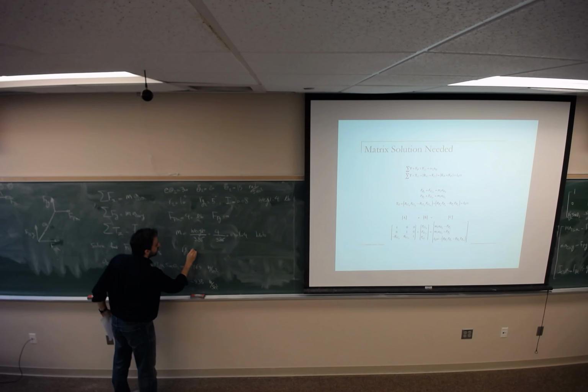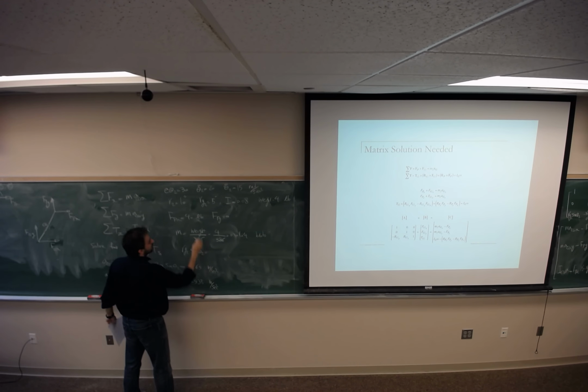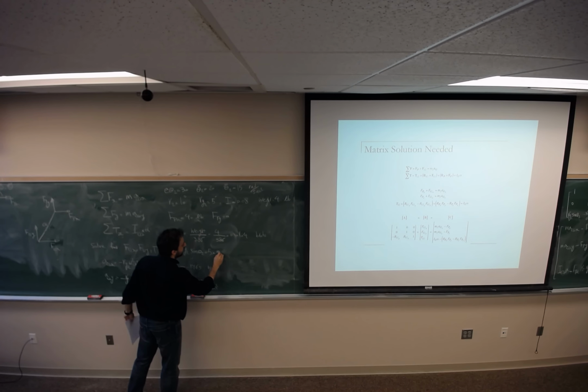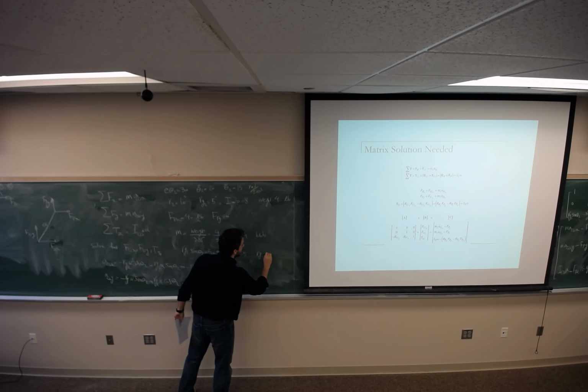RG2 sine of theta 2: RG2 is 5 times sine of 30 degrees, which is 0.5, so it's going to be 2.5. RG2 cosine of theta 2 is going to be 5 cosine of 30, it's 4.3.